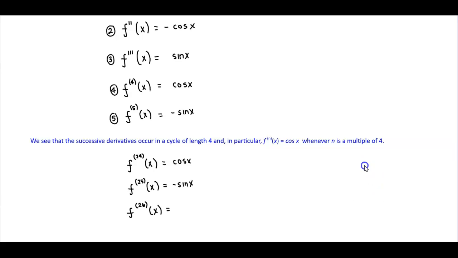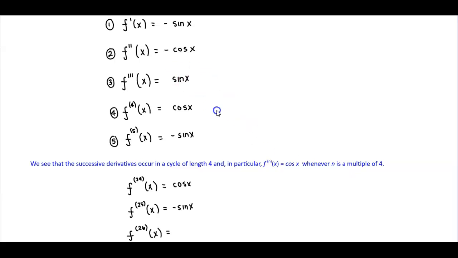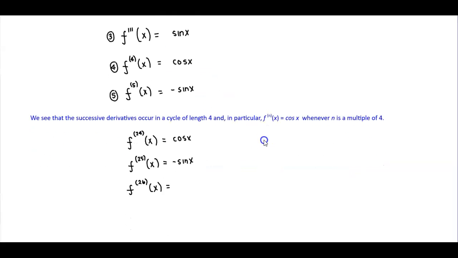Well, the derivative of negative sine of x is negative cosine of x. And then therefore, the 27th derivative of x is going to be the sine of x. And so therefore, there is your result.